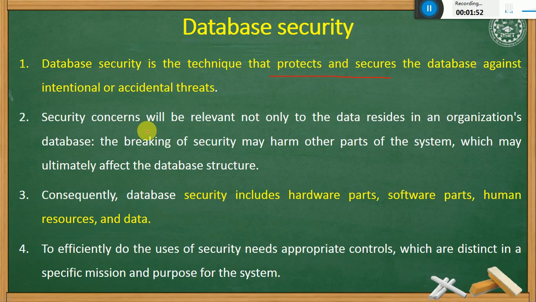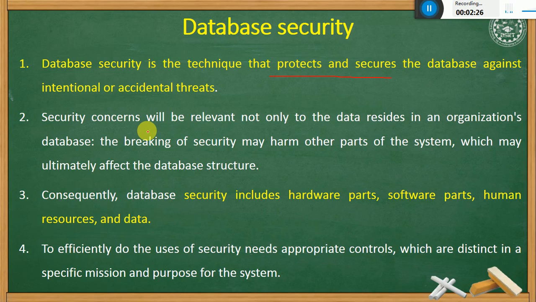Security is more important in the day-to-day database system because data has different properties, and data loss can create major problems in the organization. Suppose we have an organization like a bank. If that bank database is disclosed, then it is very harmful to the users who are using the bank.